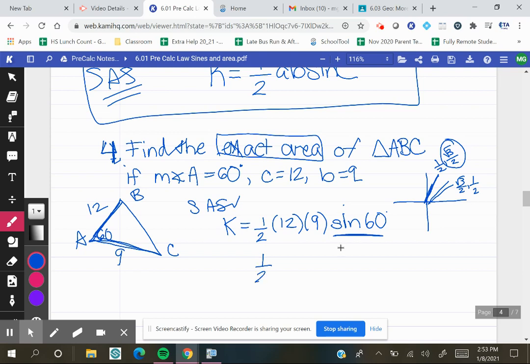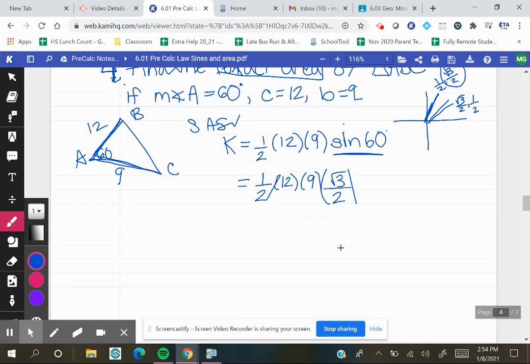So now I'm going to substitute in rad 3 over 2 in for sine of 60. Now I'm just going to simplify. So half of 12 is 6. So I have 6 times 9.